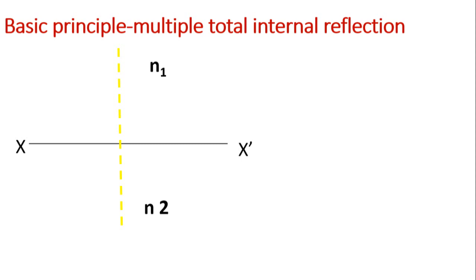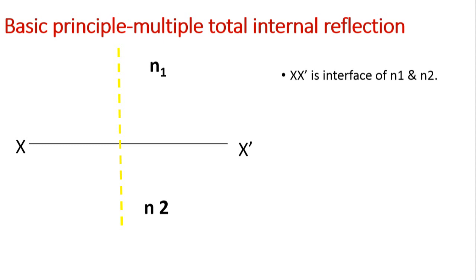A dotted line indicates the normal. Based on the reference of this normal, we can understand how total internal reflection takes place through a certain angle. So here the two regions of refractive index are there. X dash is the interface of n1 and n2.